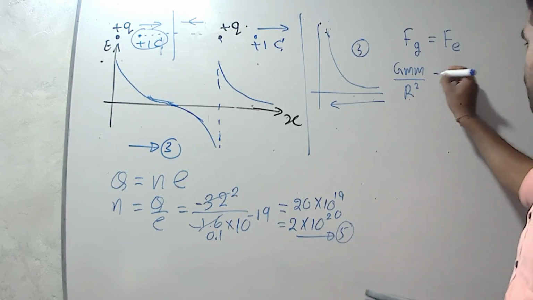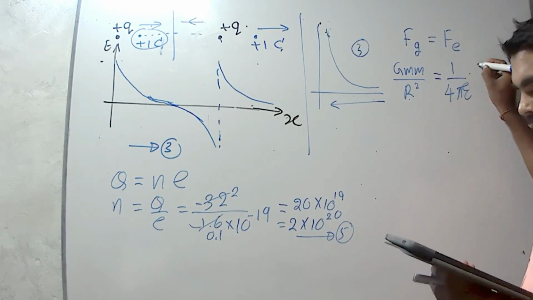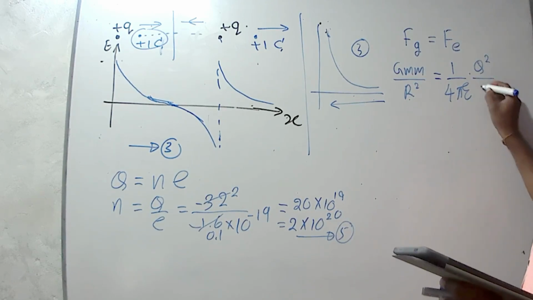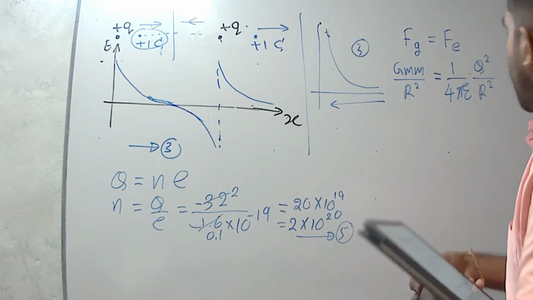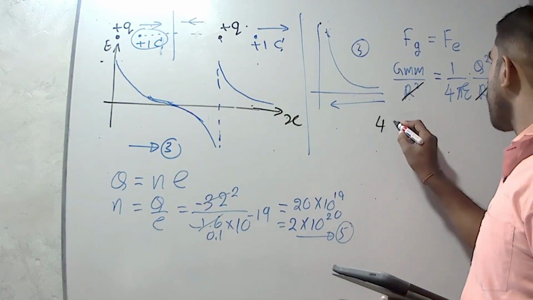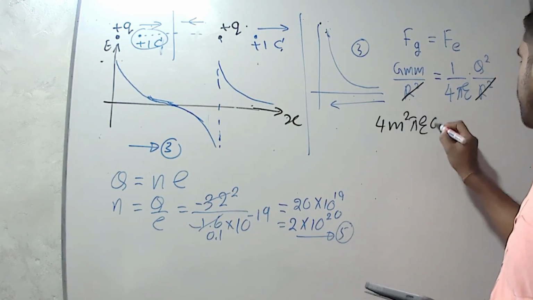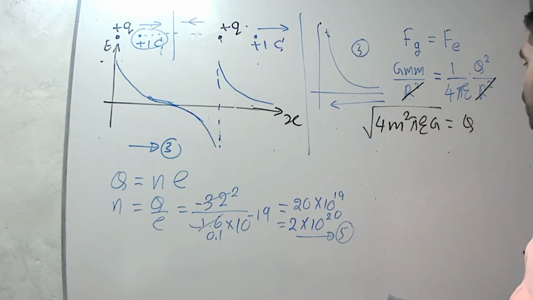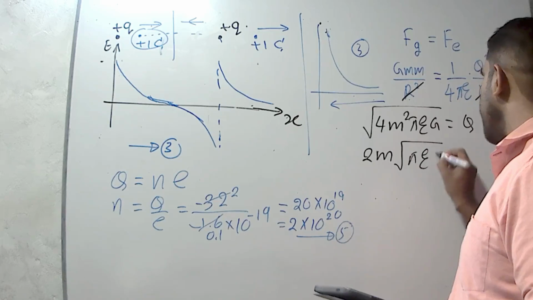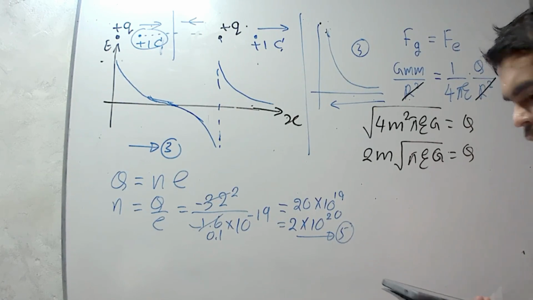It should be equal to the electric force, 1 over 4 pi epsilon, with the same charges, Q into Q, so Q squared over R squared. Now we can simplify and find the value of Q. R squared cancels. Then we can get the value of Q, and the answer is the fourth one.